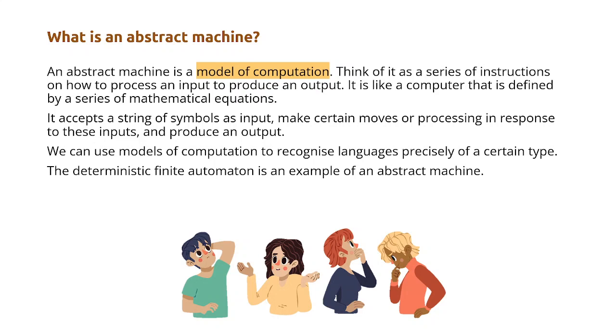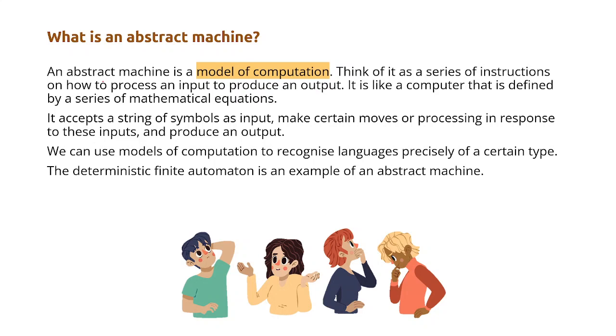Let's start first with our discussion on an abstract machine. So what is an abstract machine? An abstract machine is a model of computation. Think of it as a series of instructions on how to process an input to produce an output. It is like a computer, but instead of kanang computer nga imong gakahawiran, it is a computer that is defined by a series of mathematical equations.